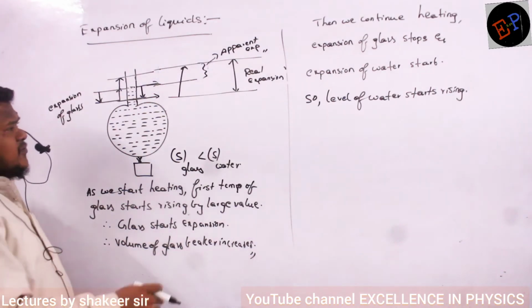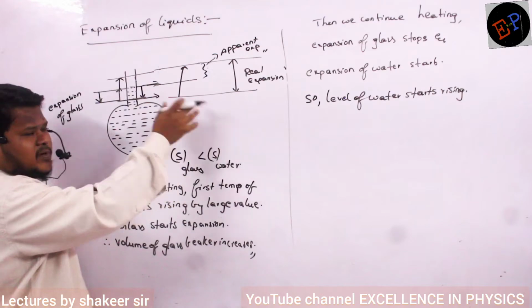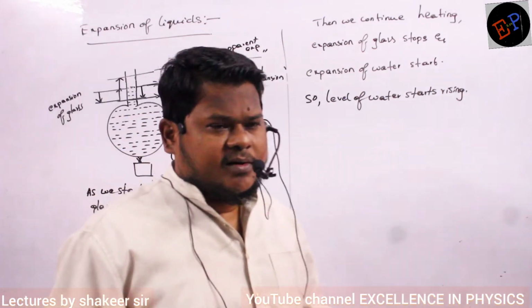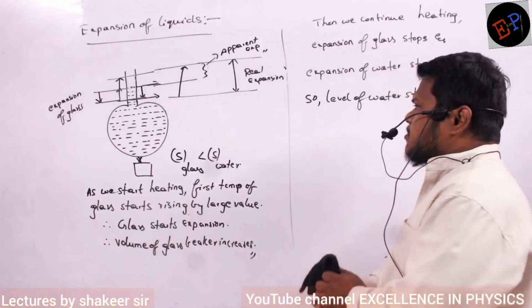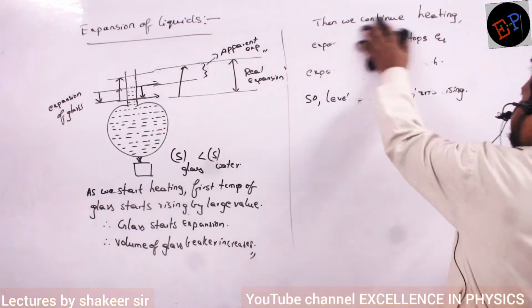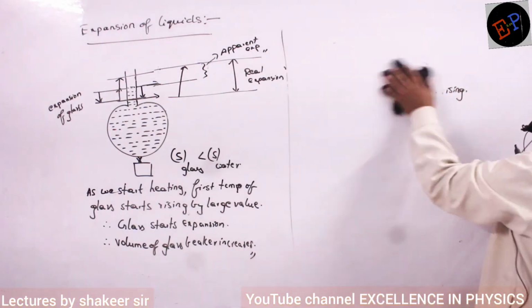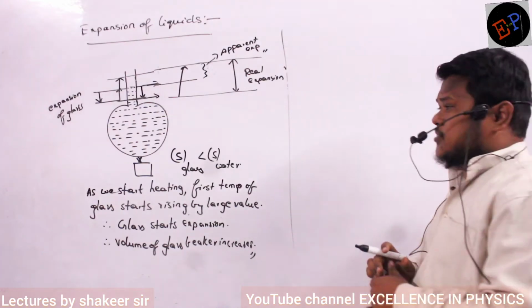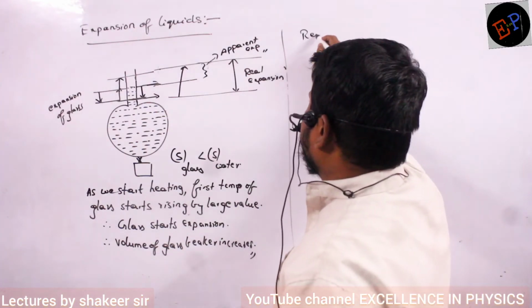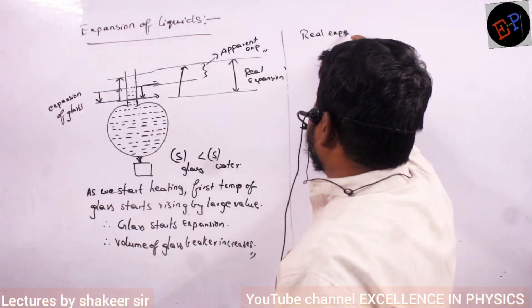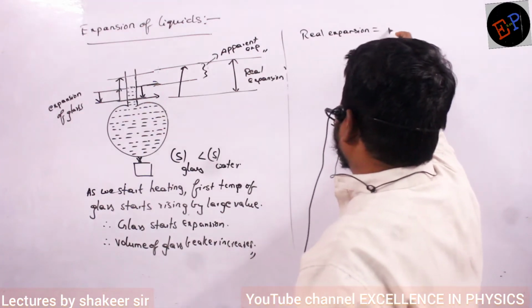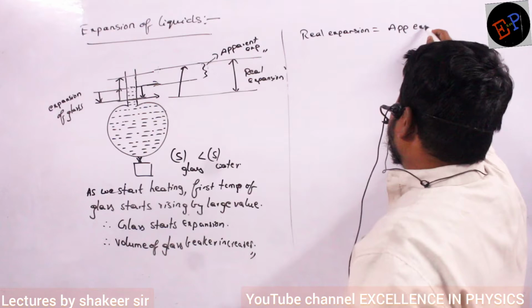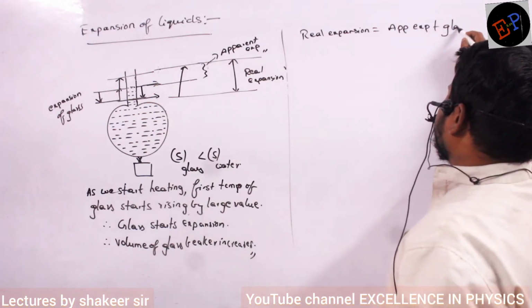Understood, no? Therefore, can you say, how can you write relation between all of them? How can you write relation between real expansion, glass expansion, and apparent expansion? Real expansion is equals to apparent expansion plus glass expansion. That's it. Okay, ma? So therefore, we write real expansion is equals to apparent expansion plus glass expansion.